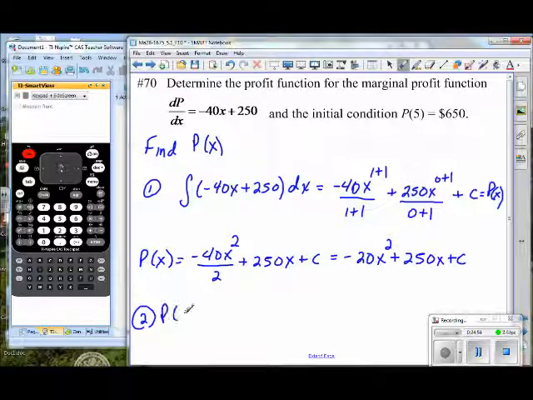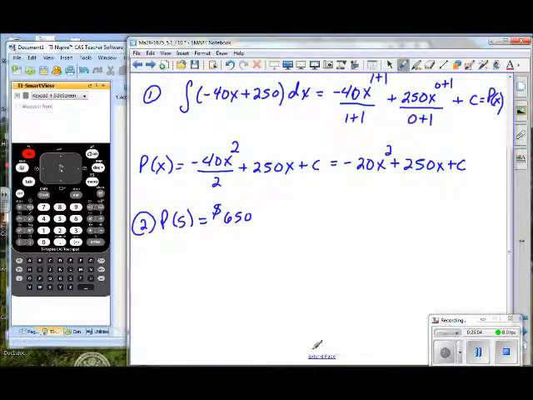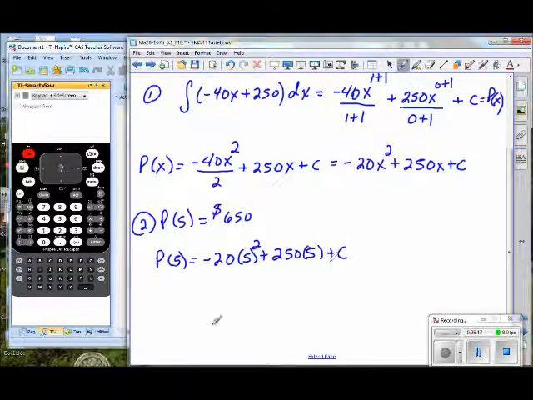Now we have this initial condition, so let's look at that. We know that when we have 5 units being manufactured and sold, we end up with a profit of $650. So P of 5 is the same thing as negative 20 times 5 squared, plus 250 times 5, plus C, and that has a value of 650.